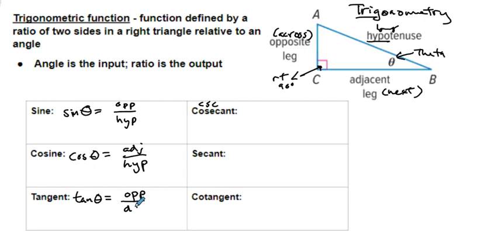This is the one that I have the hardest time remembering, which is where SOH-CAH-TOA comes in. So what is SOH-CAH-TOA? Most of you know it, but it takes the first letter of these relationships. So this is always the first letter, this is the second letter, and this is the third letter. So you have SOH: sine, opposite, hypotenuse.